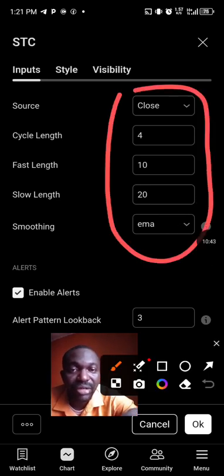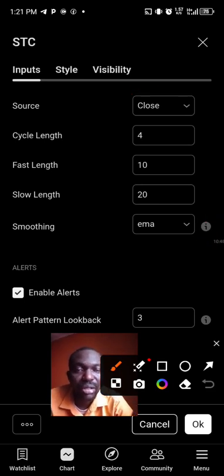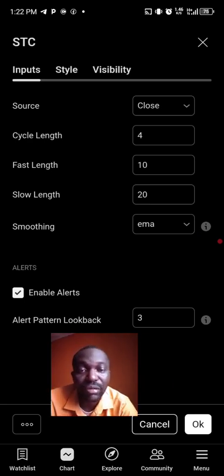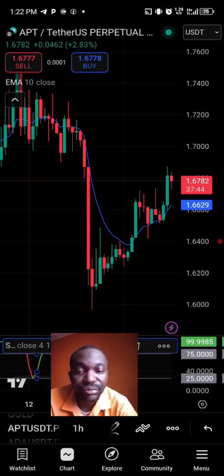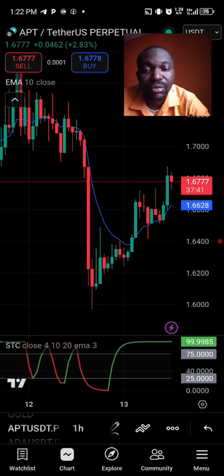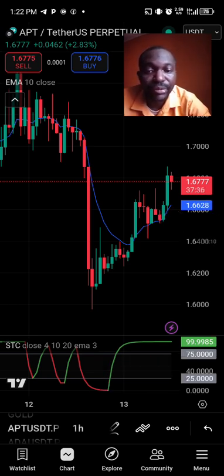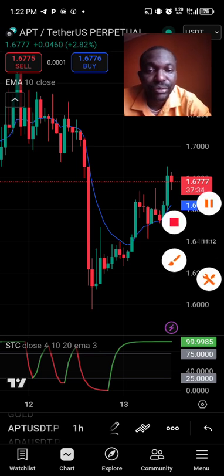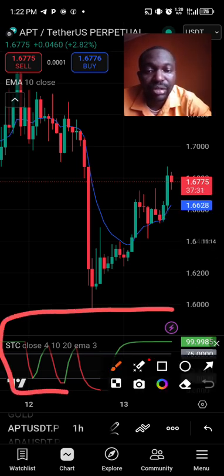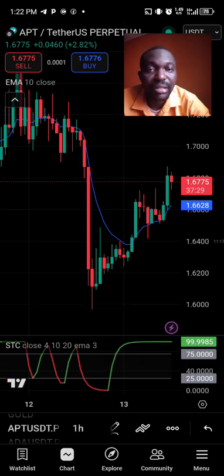So if you want to set it up on your chart, just watch the video, or you can take a screenshot of the video and look at the exact figures that have been inputted in cycle length, fast length, and slow length, and then just input them on your chart, and it's going to appear just the way you see it down here.